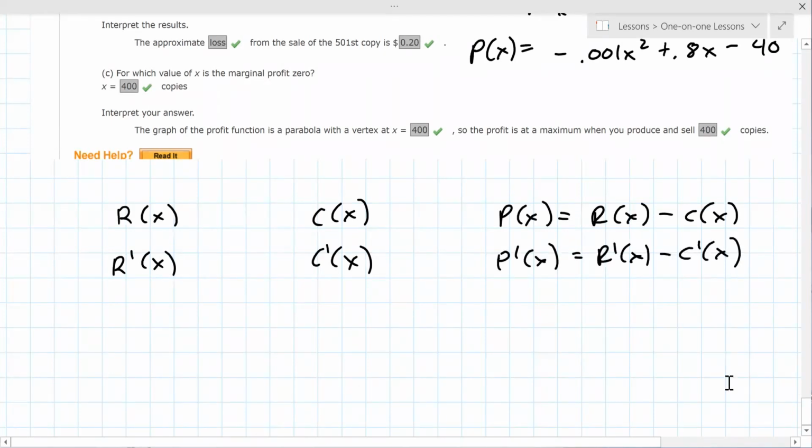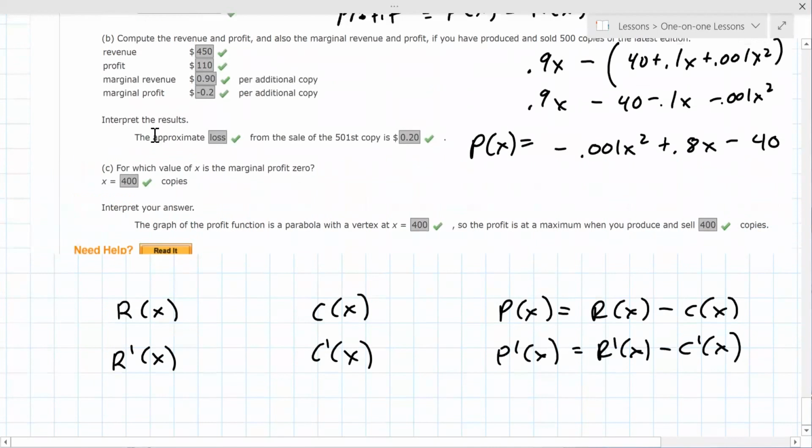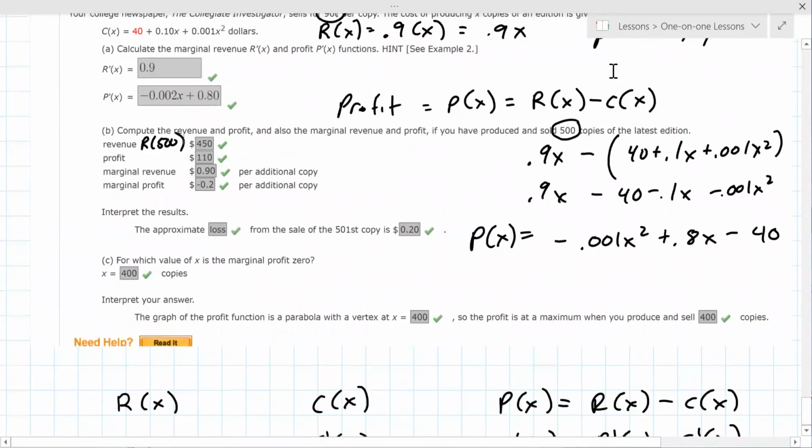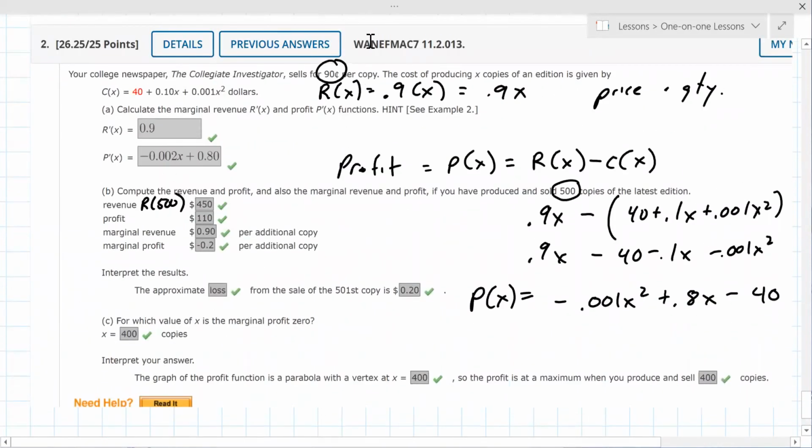Okay. And the reason I'm bringing this up is like part B where it says, well, what's the revenue? Well, that's this number 500. It's r of 500. Well, what's r? Well, you had to figure that out up here, which is 0.9 times x. What's profit? Well, profit of 500, you needed to find the profit function, which is down here.